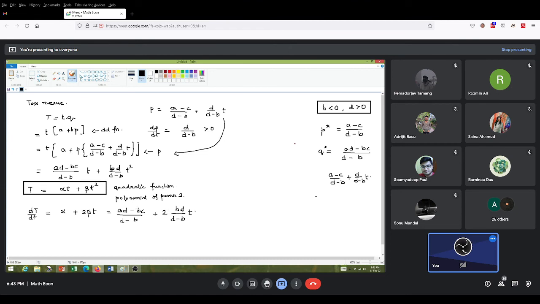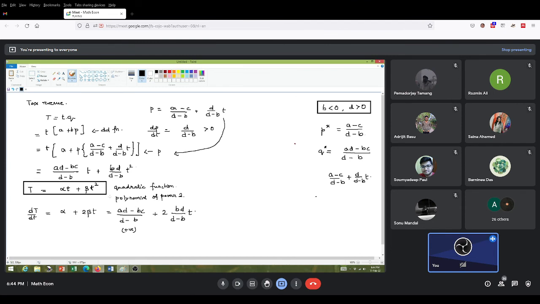Now we know that this is positive, because this was the initial price. See, this is positive because from here we can see this is the equilibrium output in the absence of tax. So this is obviously positive.